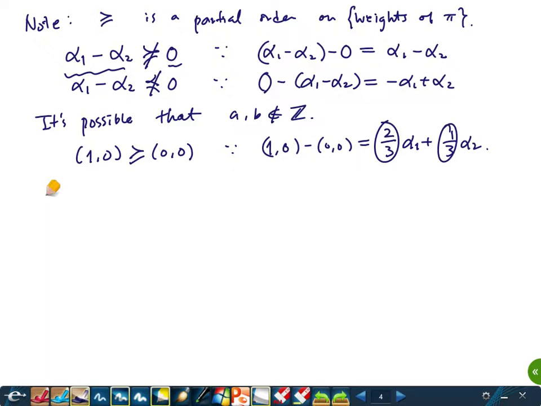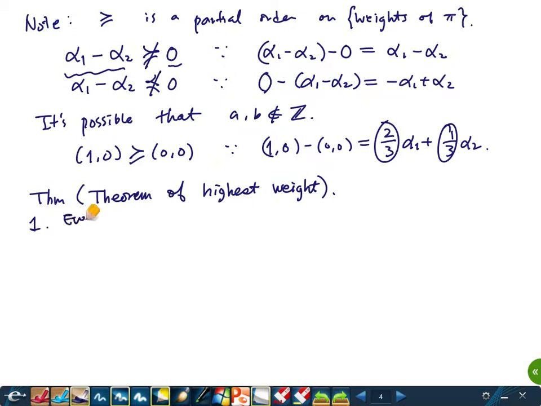Okay, now this is a theorem that we want to prove. Theorem of highest weight. It's a very important theorem. It has several parts. First, every irreducible representation of SL3 is the direct sum of its weight spaces.